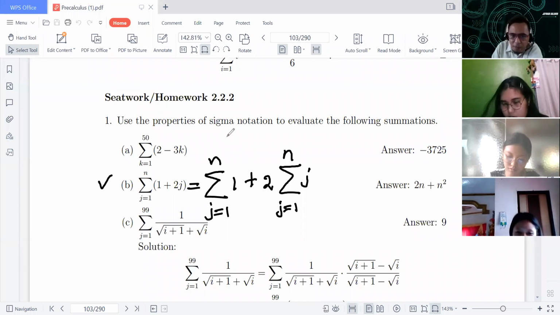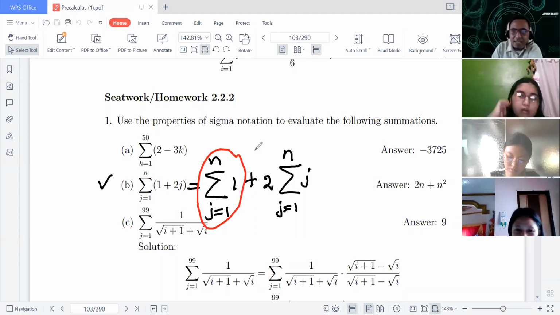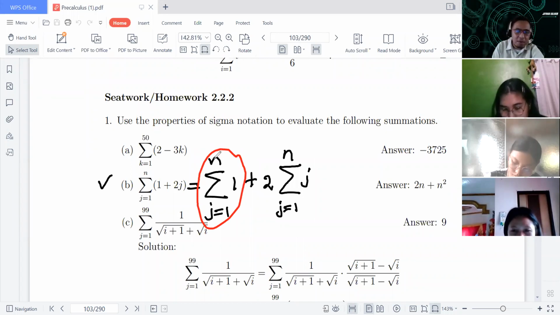Start with the summation of 1, sir. Yes, but it's a constant, right? The constant c. So you just multiply it here. Since there is no value of n, you just multiply 1 by n. So that will be n, because 1 times n is just n.